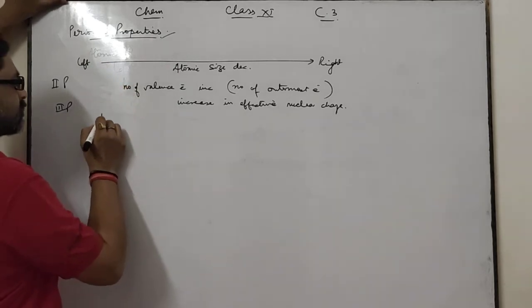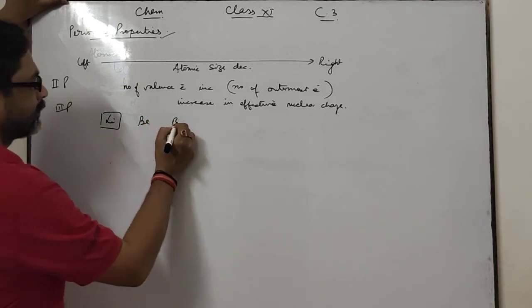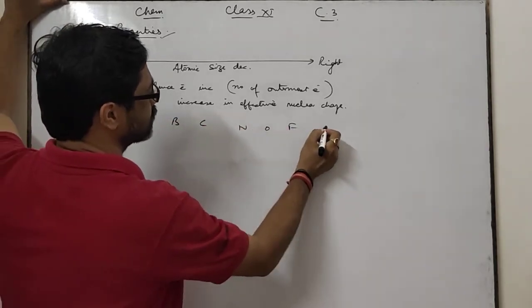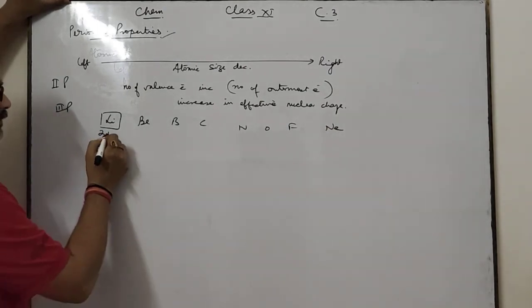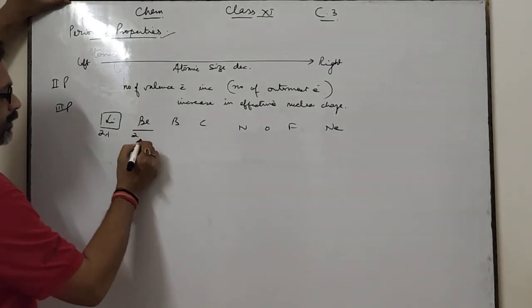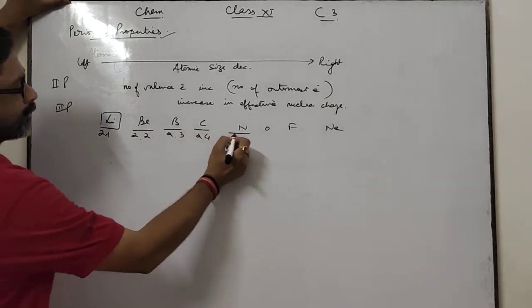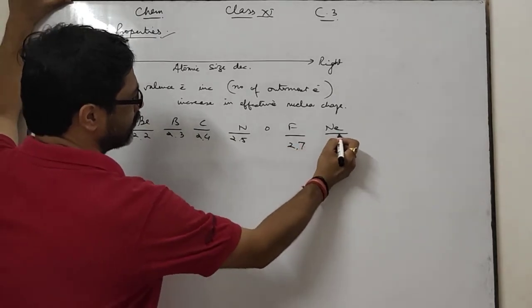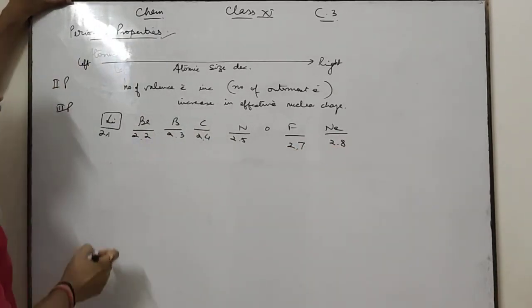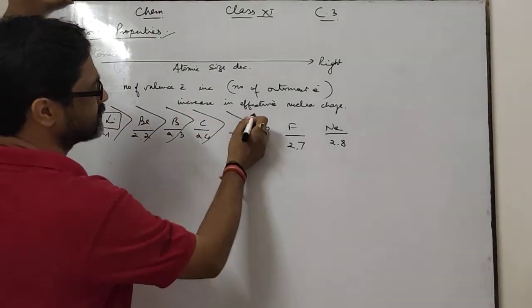Here the first one is an alkali metal, then lithium, beryllium, boron, carbon, nitrogen, oxygen, fluorine and neon. Here the configuration is 2-1, 2-2, 2-3, 2-4, 2-5 and so on, 2-7 and this one is 2-8. On going from left to right, the atomic size decreases.